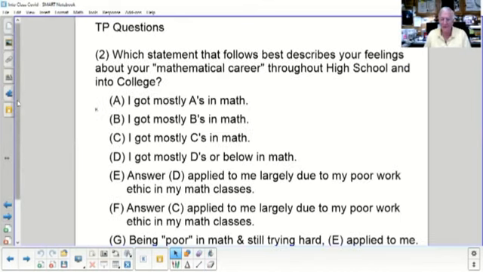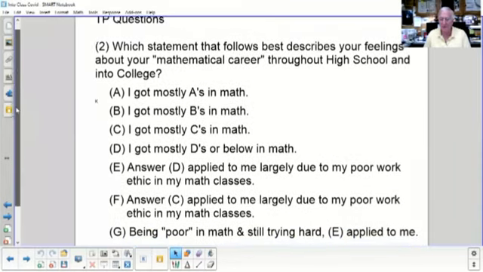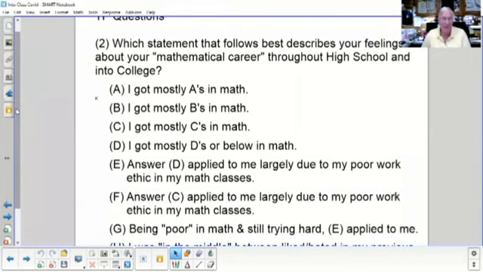Next question. Which statement best describes your feelings about your mathematical career throughout high school? Did you mostly get A's, like A says? B, did you mostly get B's? C says, did you mostly get C's? D, did you mostly get D's or below in math? If answer D applies to you, is it largely due to your poor work ethic in your math classes?